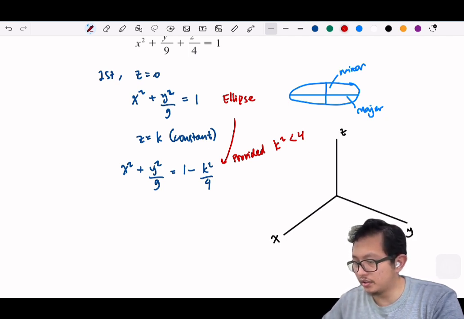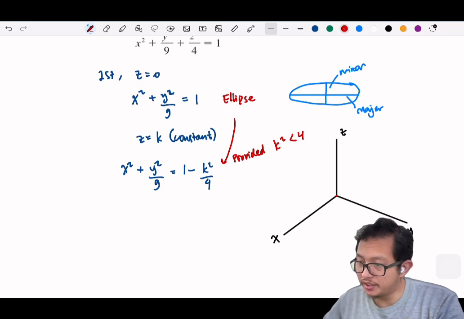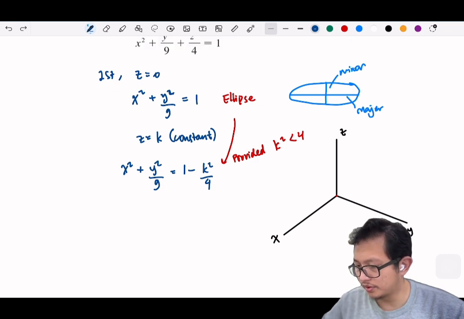So if this is z, this is x, and this is y, then at z equals 0, which means in the plane z equals 0, at the origin here, then we have x and y. X has the semi-axis length 1, and y will be 3, maybe around here. Maybe let me make it clearer, maybe that. So that's the ellipse.